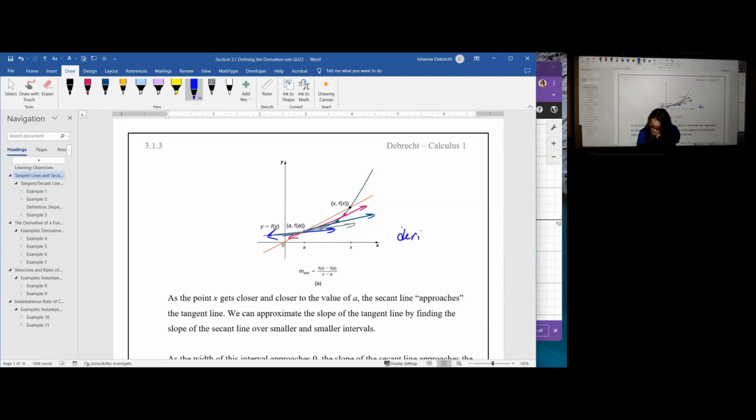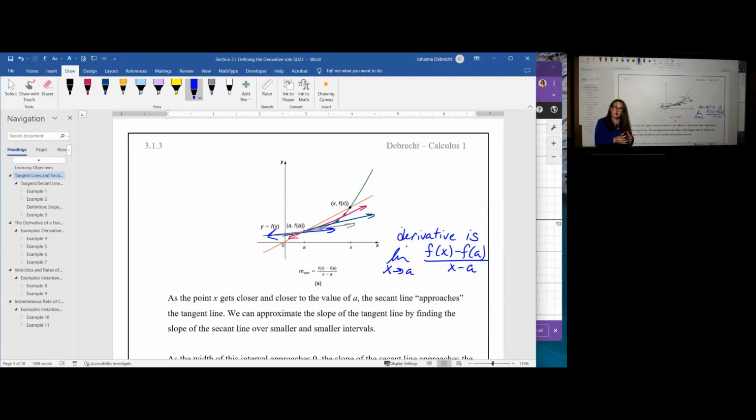The derivative is the limit of the difference quotient. Let me write it out in notation. As x gets close to a of f of x minus f of a divided by x minus a. It's a limiting value, which means x never actually gets to a.